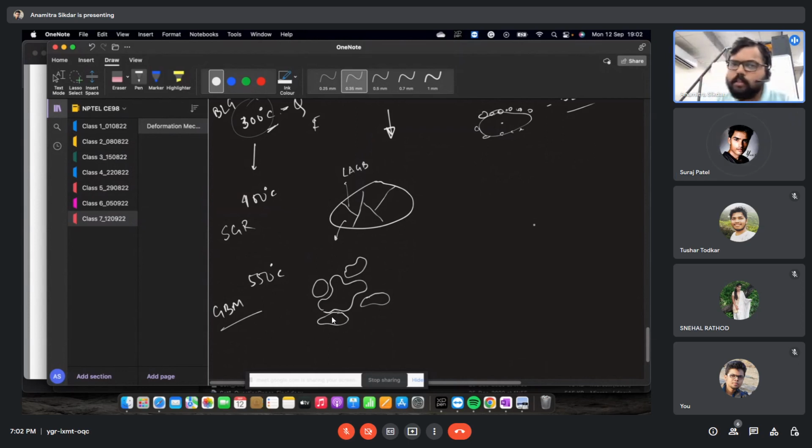So if you look under the microstructure, or if you do some analysis, say for example EBSD, under the microscope you won't see any kind of strain. How to identify the strain: the extinction won't happen at the same time throughout the grain, right?